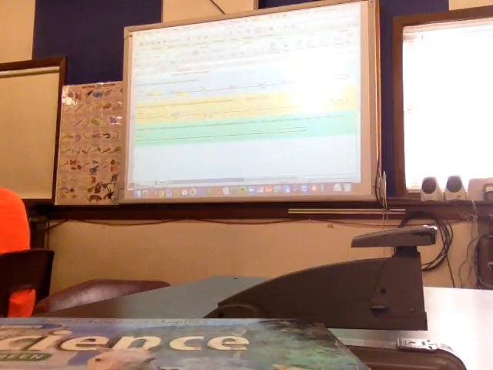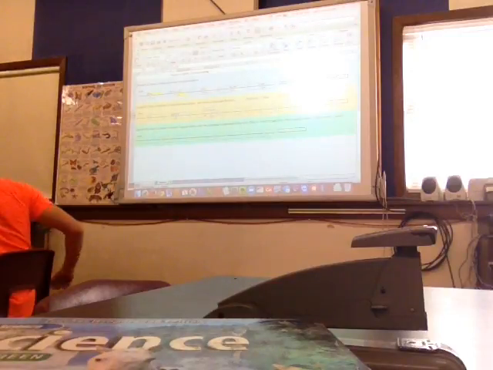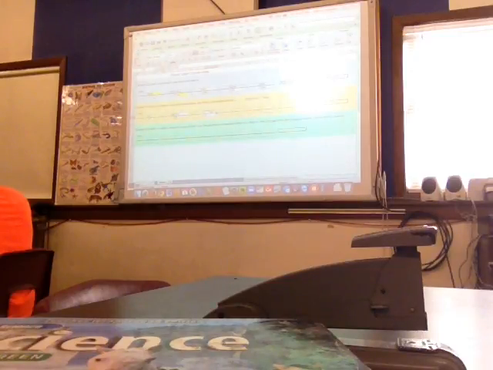Milliliters, probably going to cancel out. What are we going to change milliliters into? Don't change it into fluid ounces.